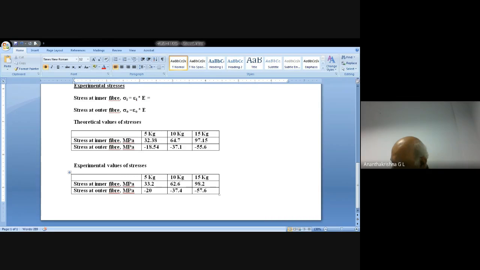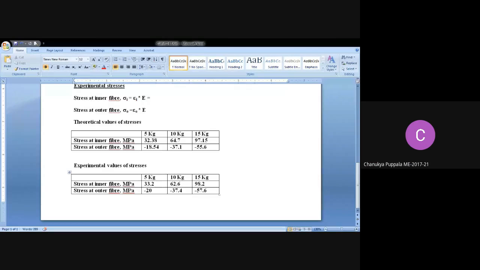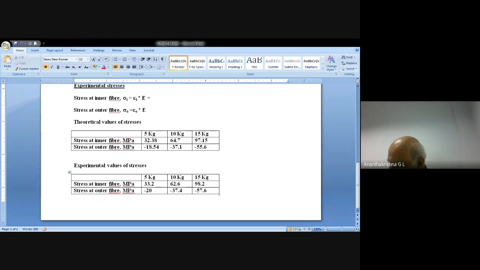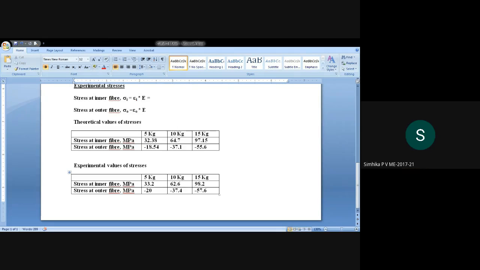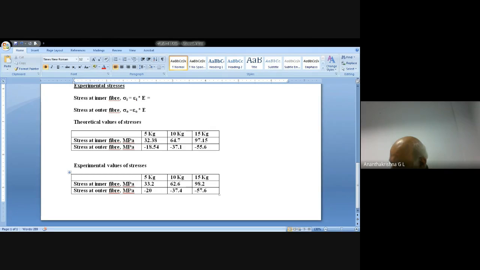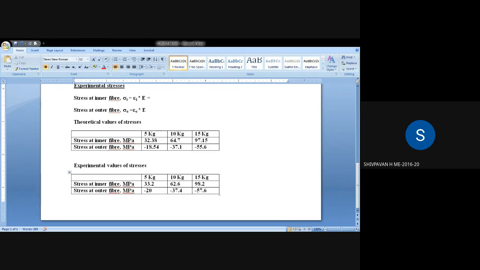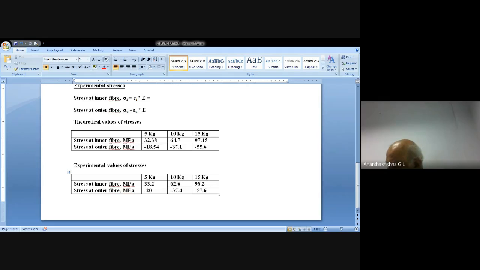Gautam Sai, present, sir. Pappala Chanakya, present, sir. Ranveer Singh, Simika, present, sir. Dhanush is present. Kiran, Rajat, present. You didn't call out my name. Shiv Pavan, okay.